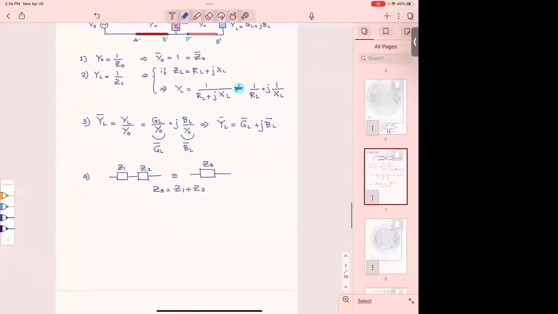The corollary to that is for admittances, they have to be in parallel.